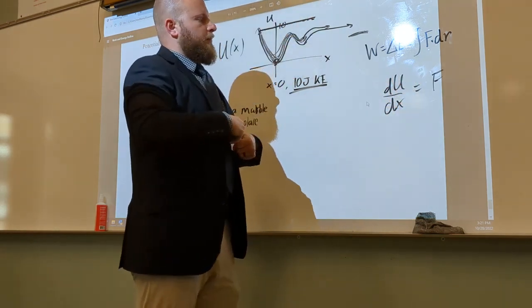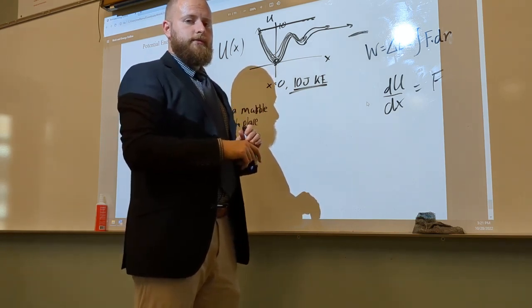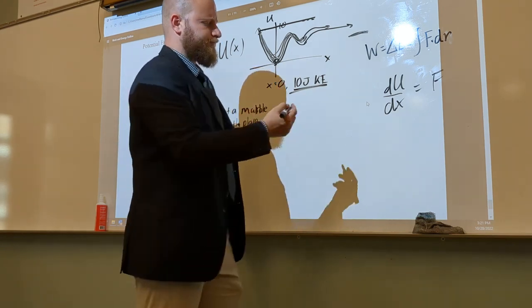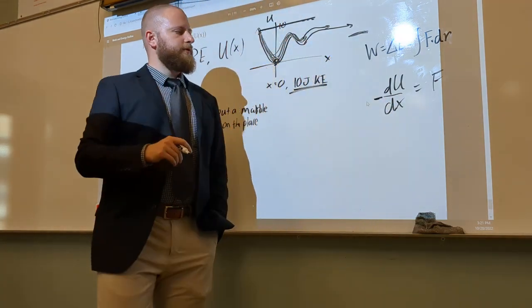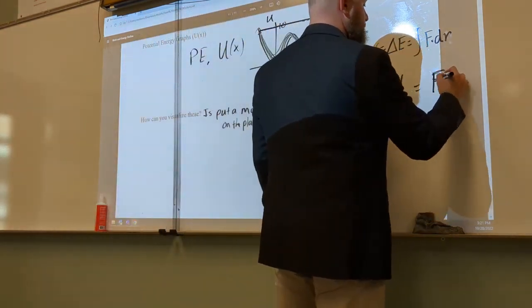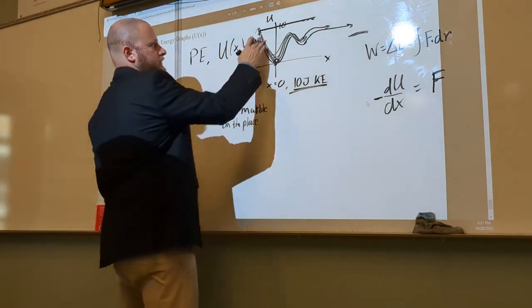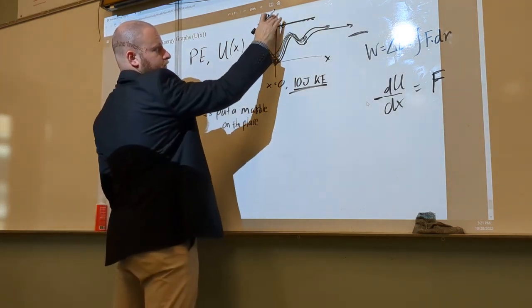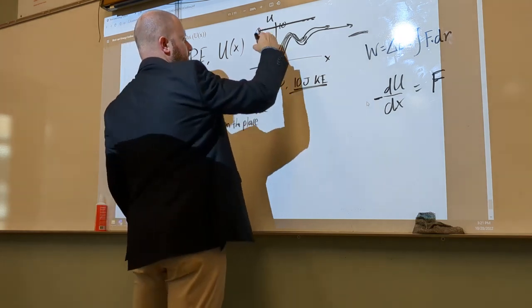But the direction of the force is which way? Down, right? So our formula is actually negative dU/dx equals F. And when you look at your graph, it's really important to realize that the derivative of U, dU/dx, is my slope.